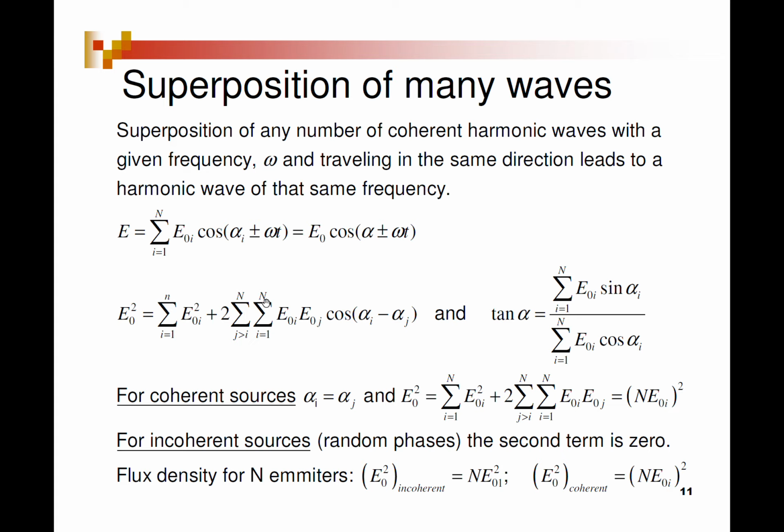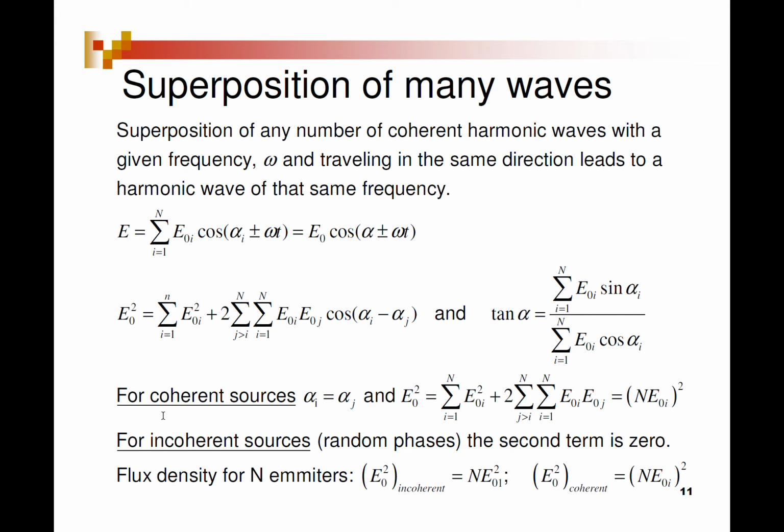And then the total electric field is going to be given by this one. So that amplitude is given by these equations, and the total phase is given by these equations.